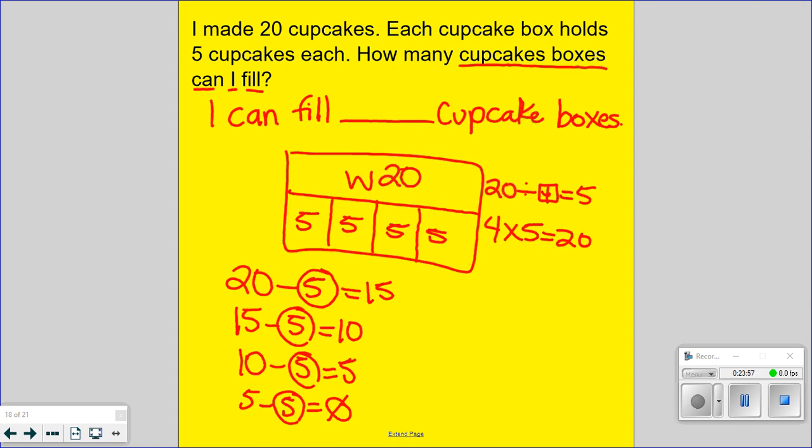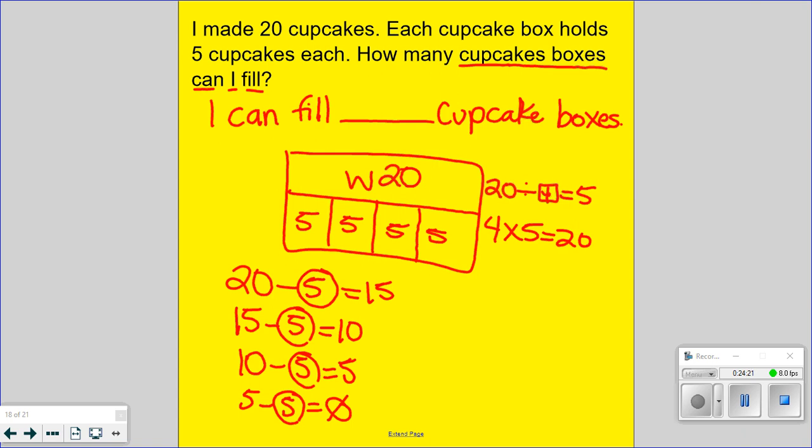I'm noticing some similarities. Are you seeing some similarities? Heidi? The reason that works is because division and multiplication together are kind of like a package. They are. They're opposites. They're inversely related. Inverse meaning opposite.